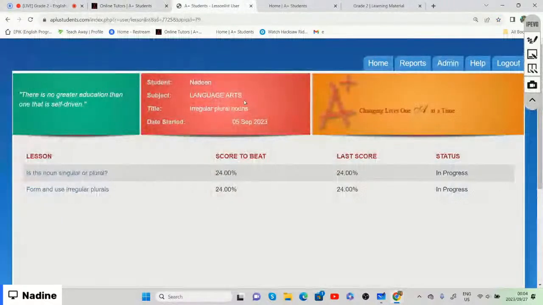So our chapter is going to be irregular plural nouns, and our focus lessons are: is the noun singular or plural? And we need to form and use irregular plurals. Those are the 2 lessons under the chapter of irregular plural nouns.